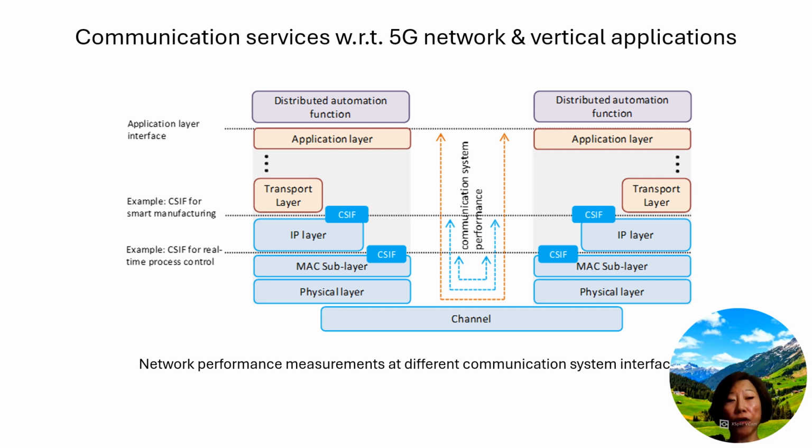The orange arrow represents the vertical applications perspective, while the blue arrows illustrate two methods of measuring the 3GPP network's performance, either including or excluding the IP layer. You can see the transmission of messages from a source application device, for example, a PLC, programmable logic controller, to a target application device, for example, an industrial robot.